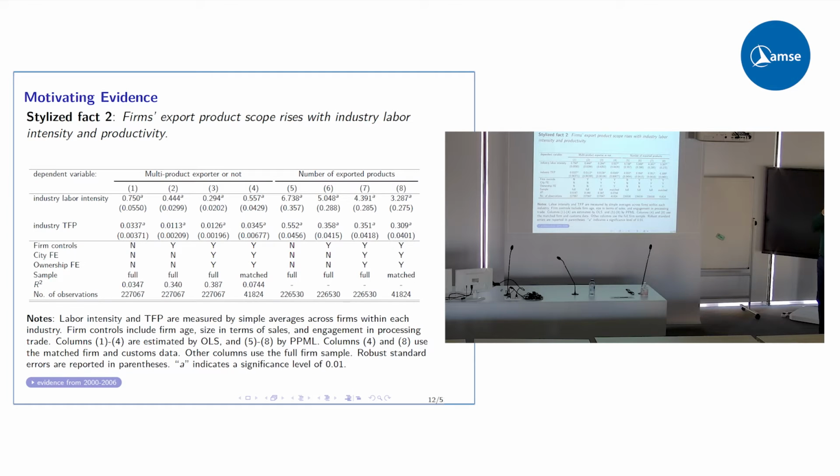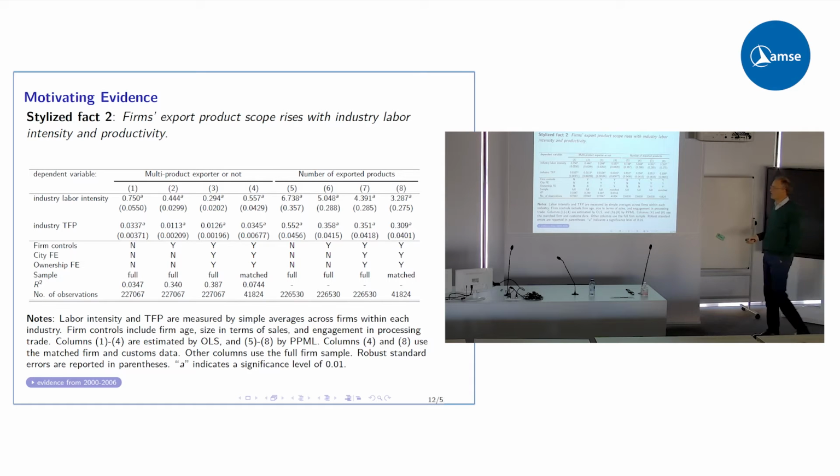So, second stylized fact. Now we get into the firm dataset. Firms' export product scope rises with industry labor intensity and productivity. Export product scope is the number of products exported by a firm on average in an industry. We could have plotted the same type of information in a graph like the previous one.